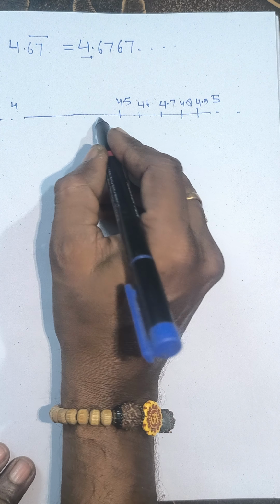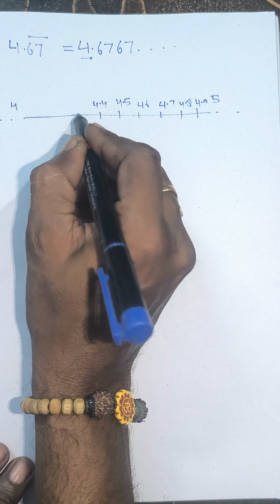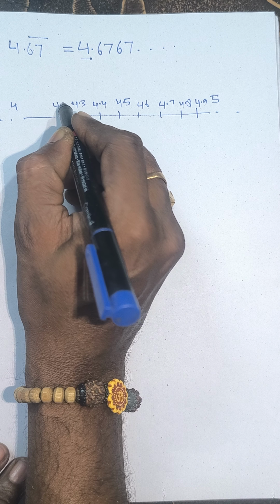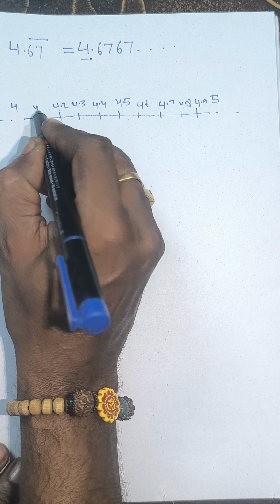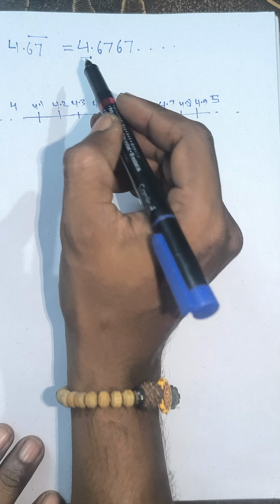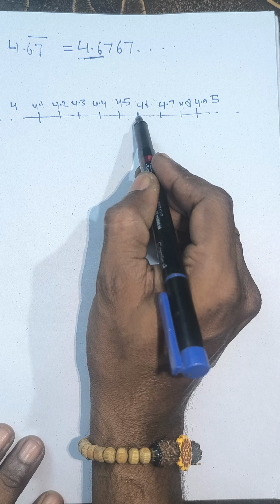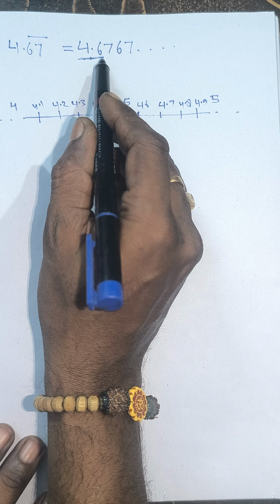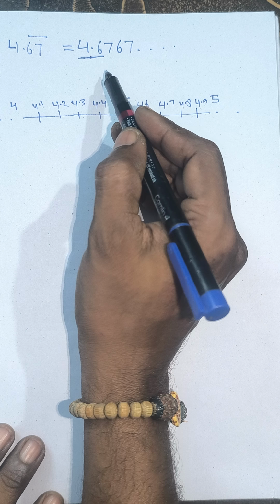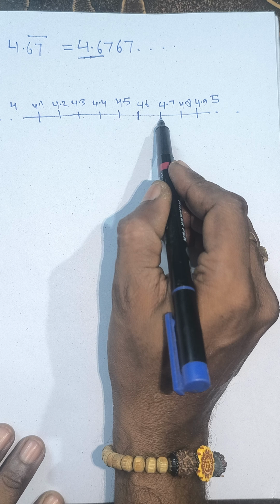Here we will have 4.4, 4.3, 4.2 and 4.1. Now we know 4.6 is this one, so it's smaller than 4.67. Now we understood that this number will lie between 4.6 and 4.7.